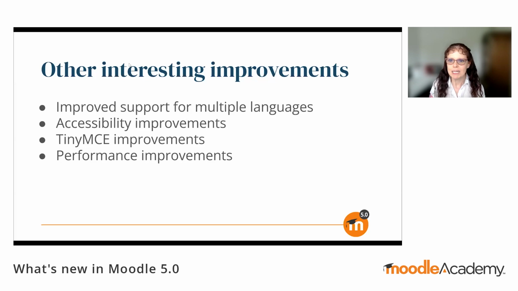We have some accessibility improvements relating to image alt text and a TinyMCE Accessibility Checker Premium plugin. We also have some TinyMCE improvements in Record RTC, insert media, and additional capabilities. And finally, we have some performance improvements in regrading final course grades and if you're using quizzes a lot.